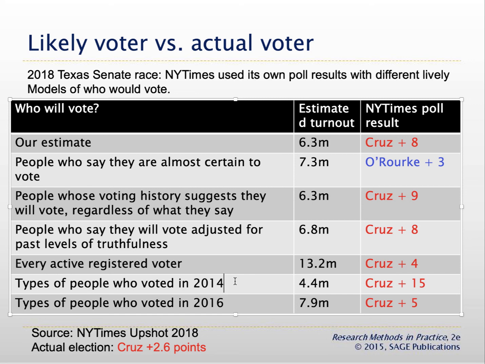People who voted in 2016, the last presidential election, Cruz +5. You can see the problem here. The population that we want to describe, actual voters, doesn't have a list, and in many ways, it's not determined yet. So you can see how sensitive that is.